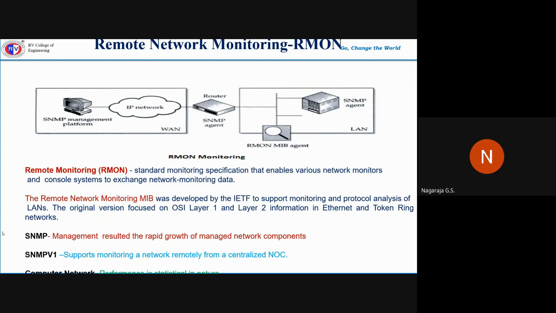The solution may be addressed locally, or it may be addressed globally also. It depends upon the complexity of the network. Even if you look at the diagram, on the left hand side you have the SNMP management platform and IP network, and on the right hand side you have another LAN.